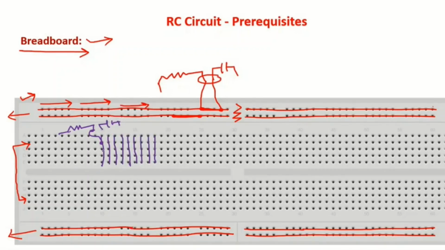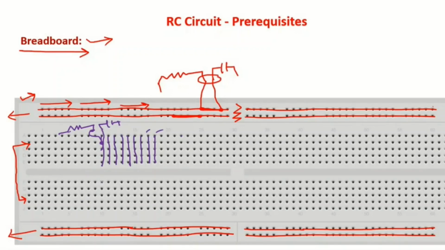For example, here you can connect something like this. Then these two terminals are connected in a single vertical line and hence they are shorted, they are connected to each other. And there is no horizontal connection. That means they are separated horizontally. Look at this, there is no connection between this one and this one. They are separated from each other.